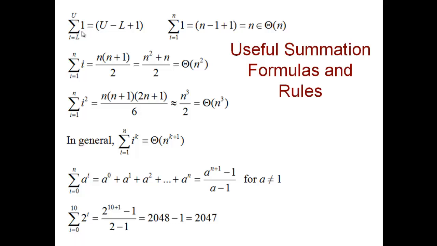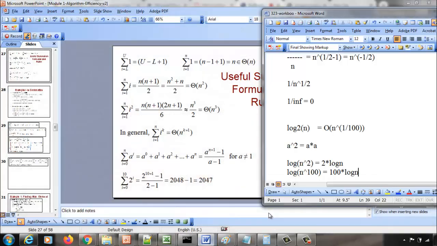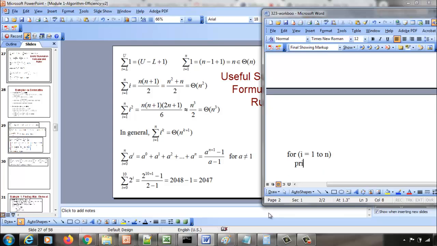Now this summation is equivalent to a for loop in your program. So if I have a program like this, for the loop index i equals 1 to n, let us say print hello.